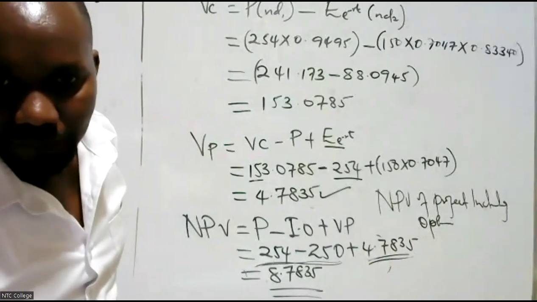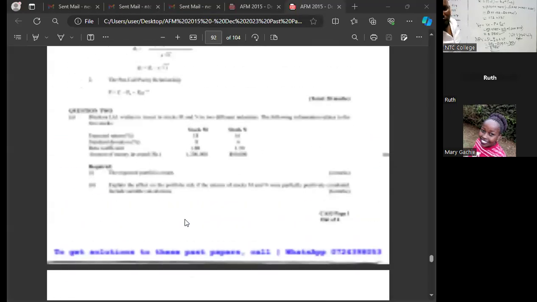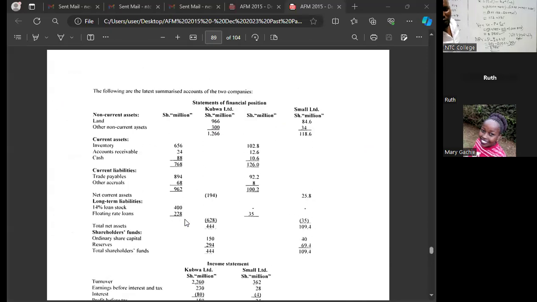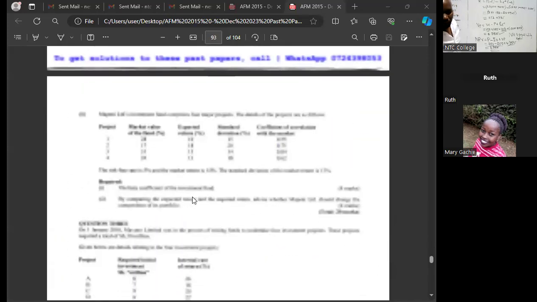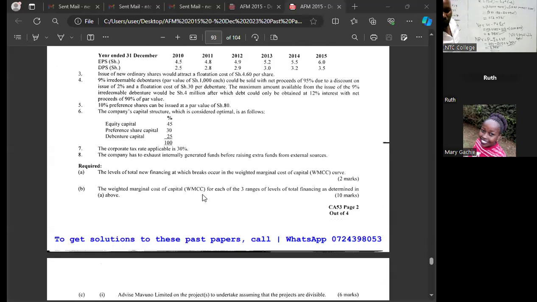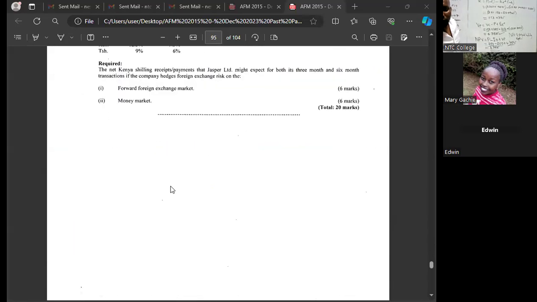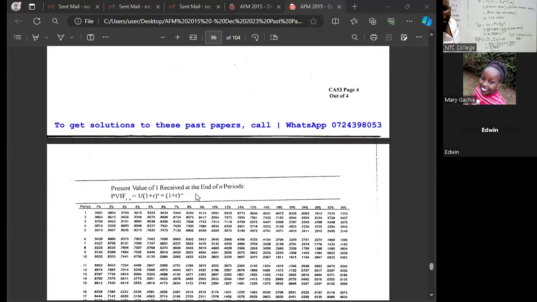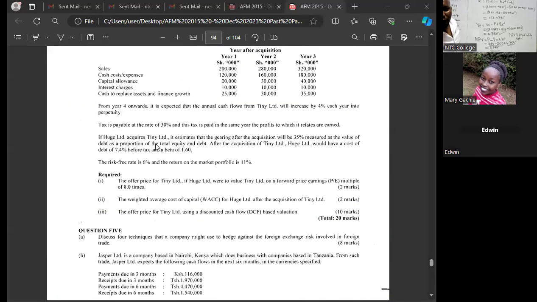So what was the examiner saying? That was 2016, November.